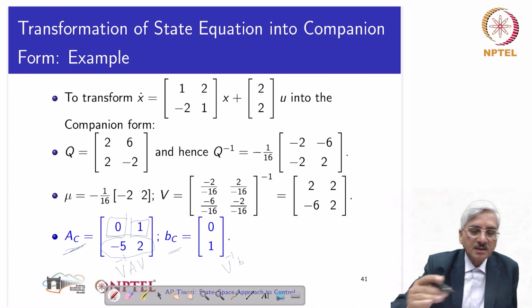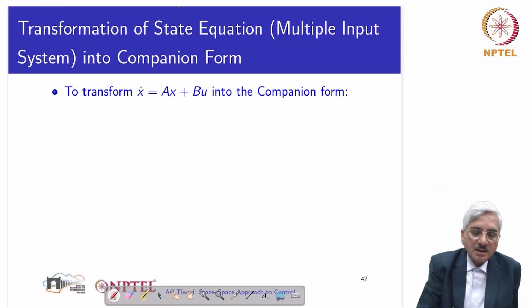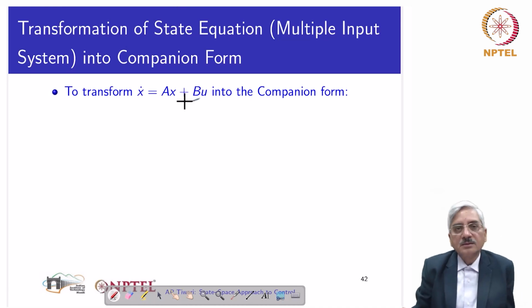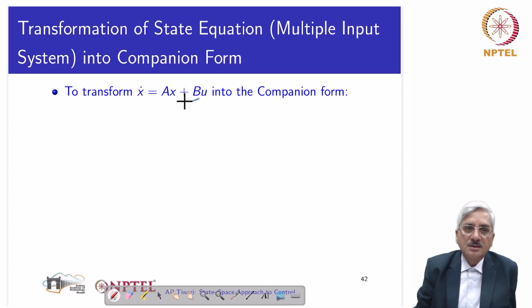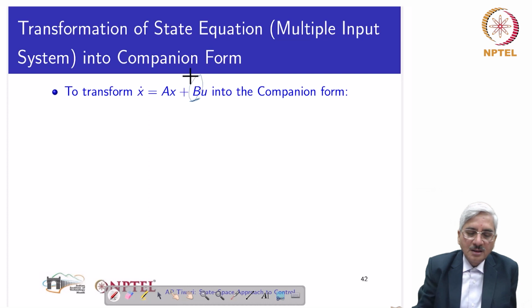Now we come to the case of multi-input systems, and here we see it will look a little cumbersome, but once we have seen the case of single input system, it is easy to comprehend this part. So we have now B matrix, which has at least two columns or a few columns, because we have multiple inputs.